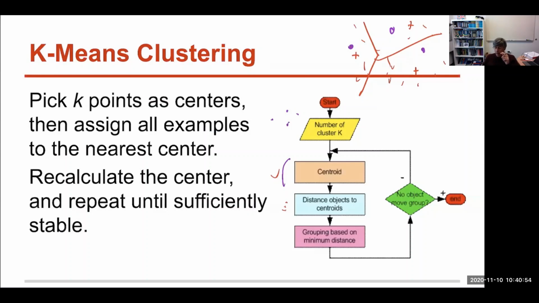Some points will change what partition they were in. If so, we keep iterating and repeating until we either get tired of doing this or no point moves. If no point moves, every point is now at its closest centroid, and we have hit a stable state. Any questions about that?